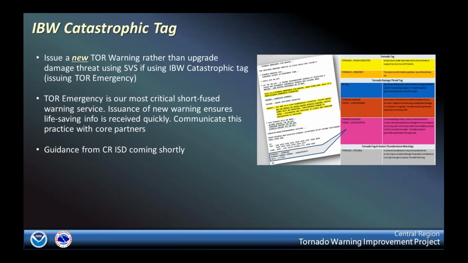Don't worry as much about the existing tornado warning you had, but concentrate now on that tornado emergency. Issue it in a new tornado warning, not as an upgrade in an SVS from the original tornado warning. This ensures that more customers, more of our partners get the tornado warning faster, and therefore can take critical steps to keep themselves safe in what is a potentially life-threatening situation. Again, ISD will come out with more information shortly on that.